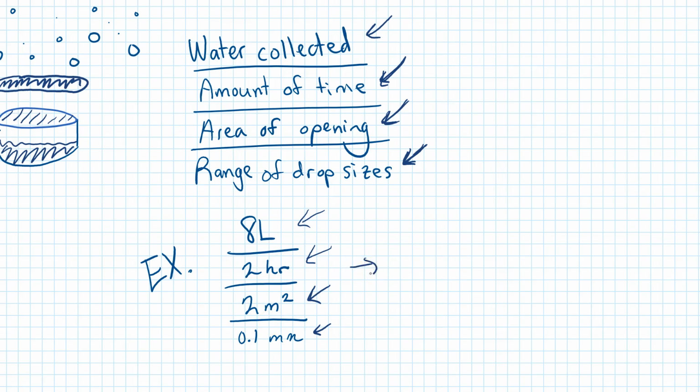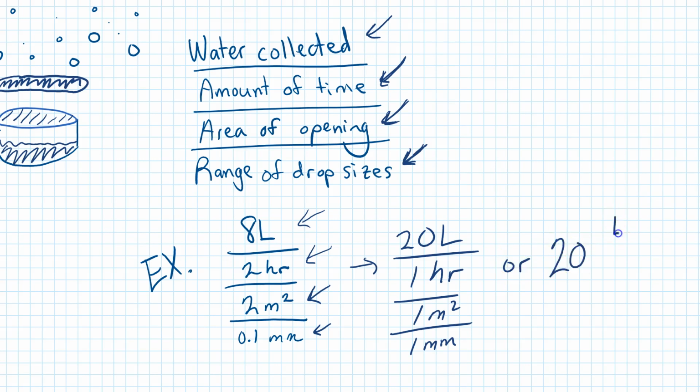And if I do the math here, 8 over 2 is 4, over 2 is 2, over 0.1 gives me 20 liters for every 1 hour, for every 1 square meter of area, for every 1 millimeter of drop size. Could also write that like this: 20 liters per hour meter squared millimeter.